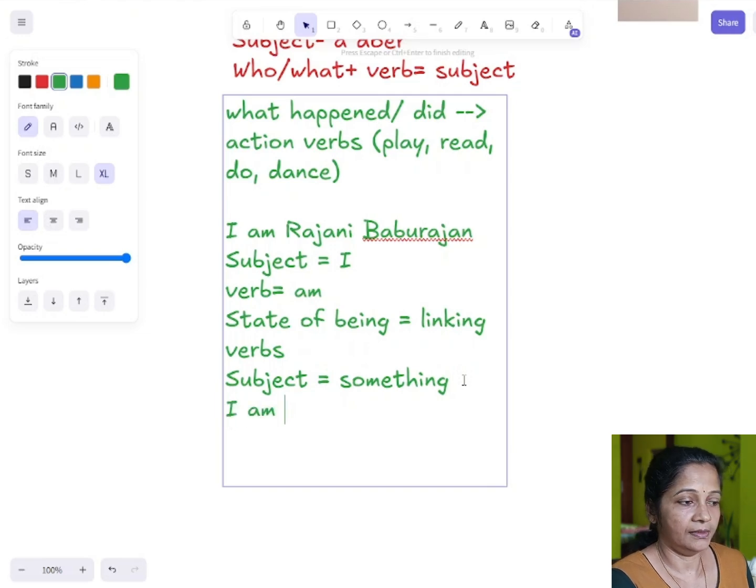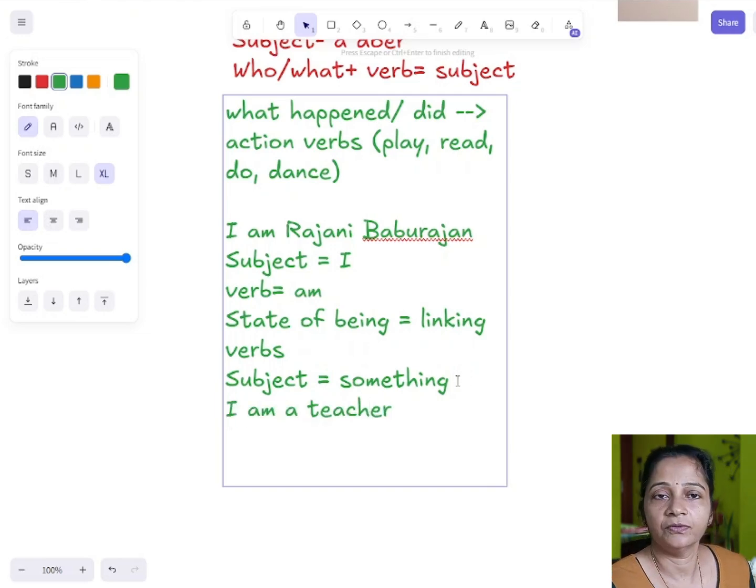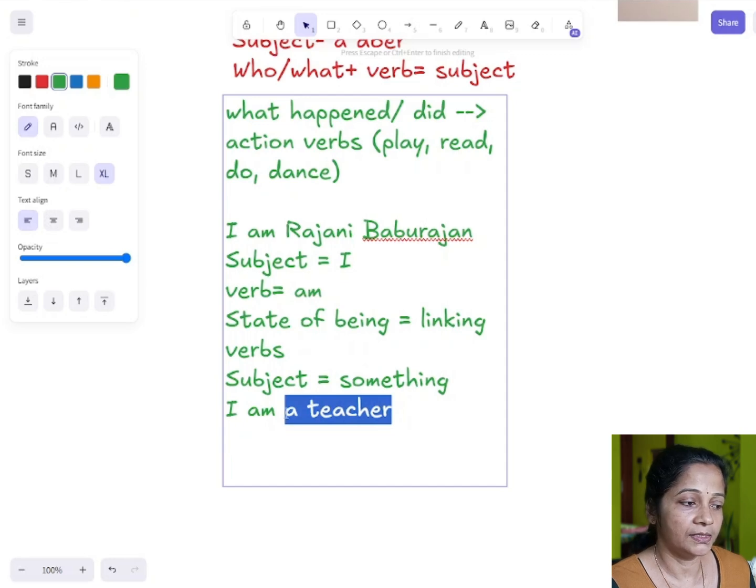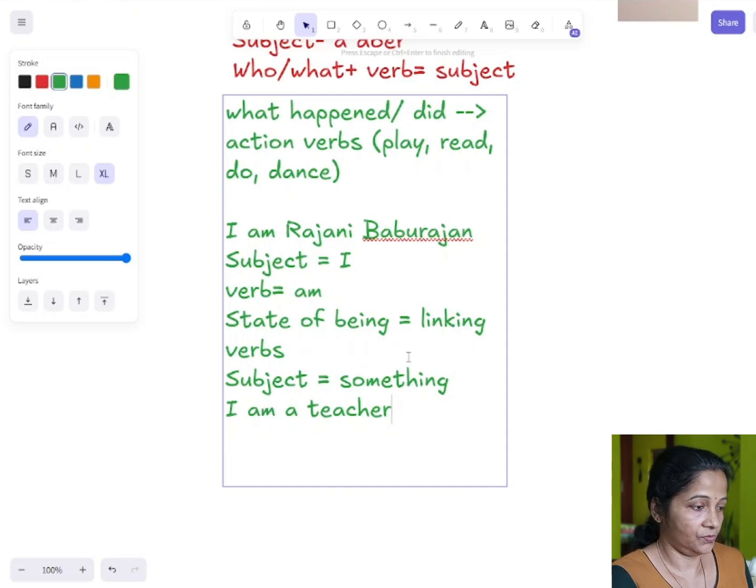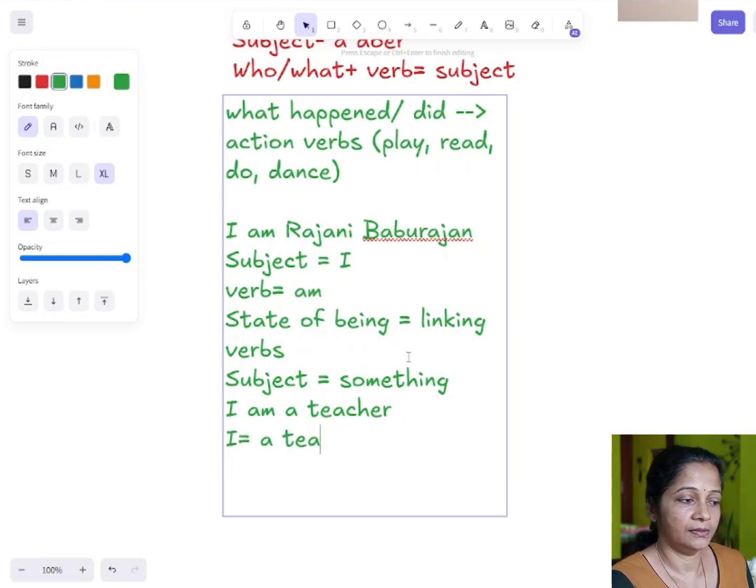I am a teacher. So what is a verb? Am, because it is I, it is linking the subject I with the rest of the sentence. Forget about the rest of the sentence. We are just talking about subject and verb. So whenever we put an equal to sign here, what it means is I equal to a teacher. Correct?